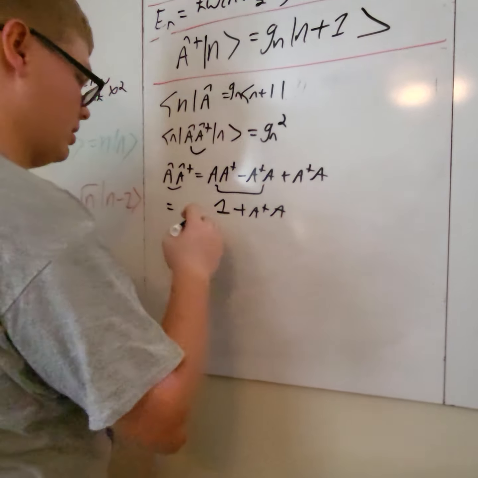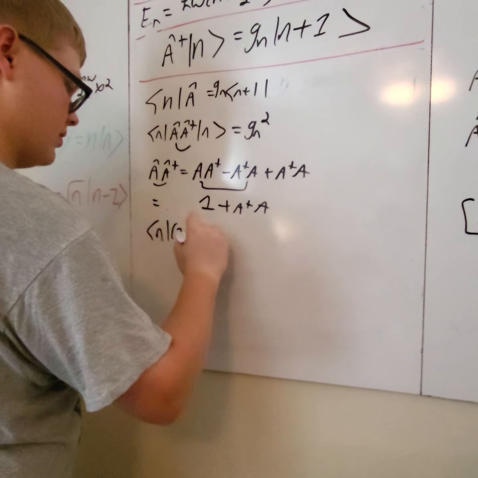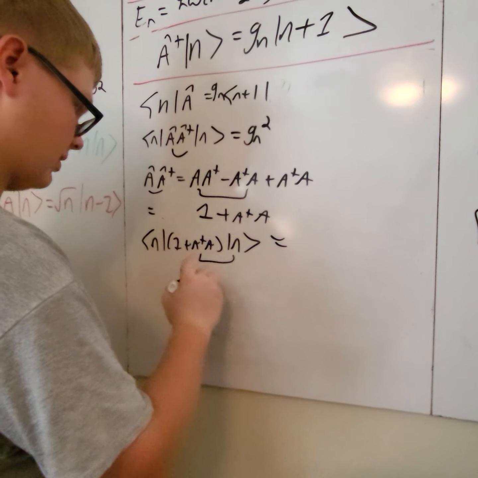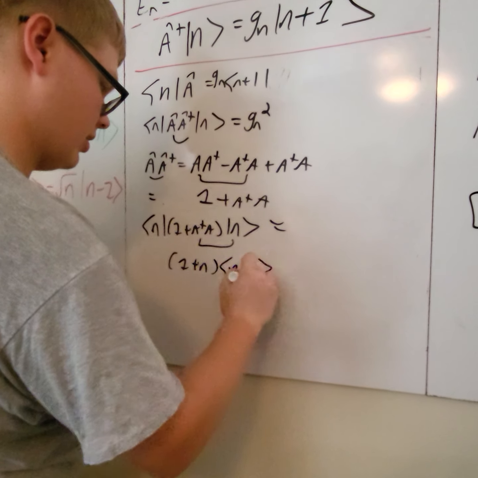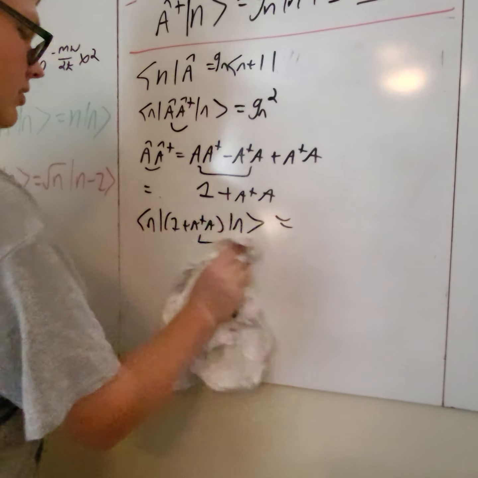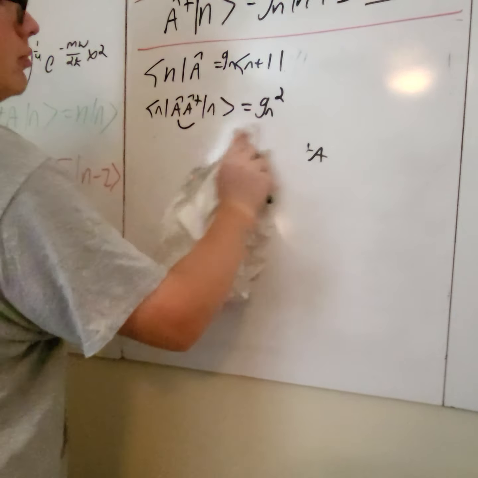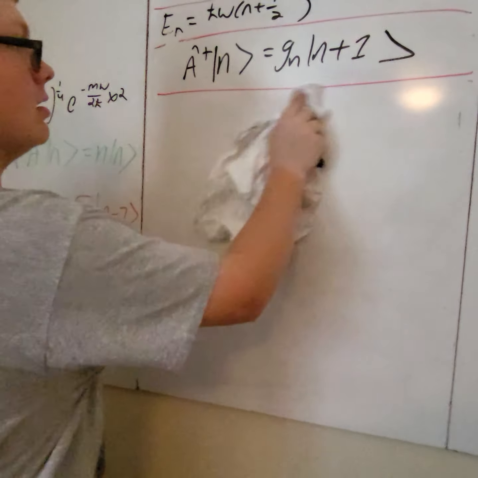And so now we get plus A star A. Well, that's going to act on the state as just 1 plus n times that inner product right there, which is just 1. So g sub n squared is equal to n plus 1, which means that the square root of n plus 1 is g sub n.